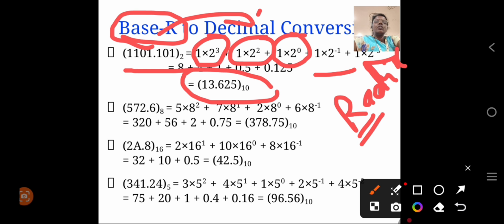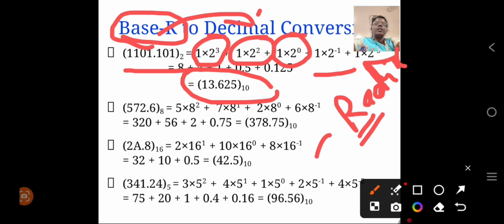Similarly, we can convert a given octal number to the corresponding decimal value by multiplying each digit with the place value, a power of 8. In the same way, a hexadecimal number can be converted to decimal by multiplying each digit with the place value, a power of 16. So this is how we can convert any number system to decimal.